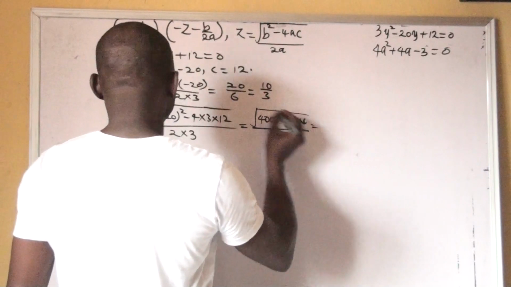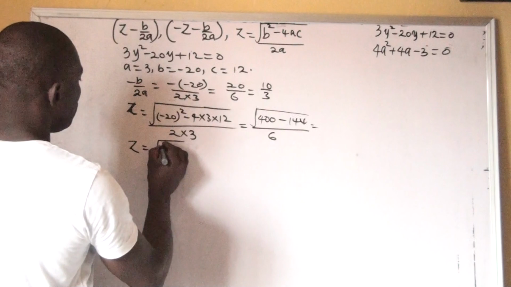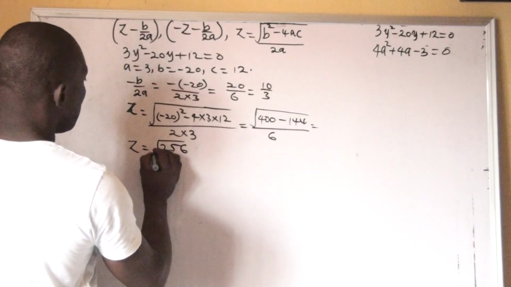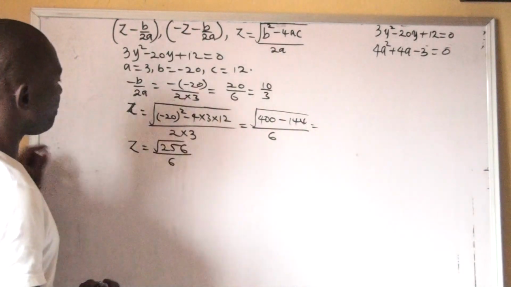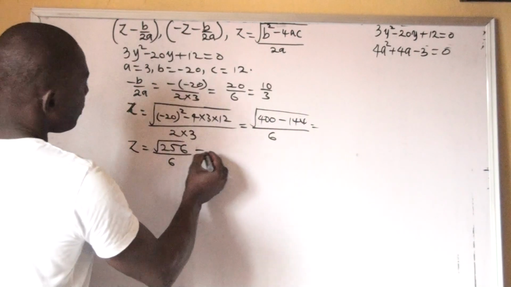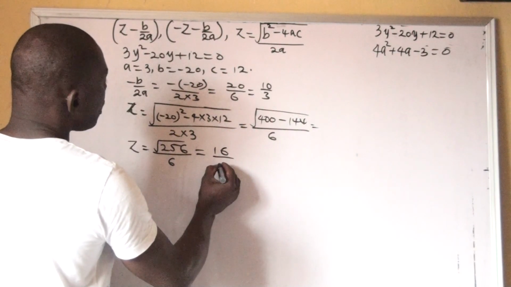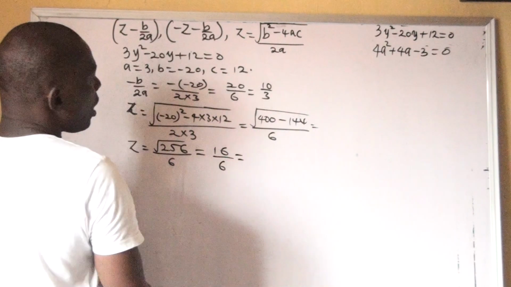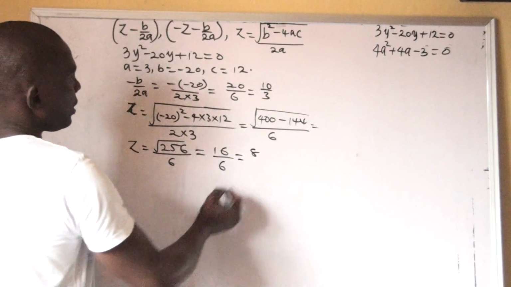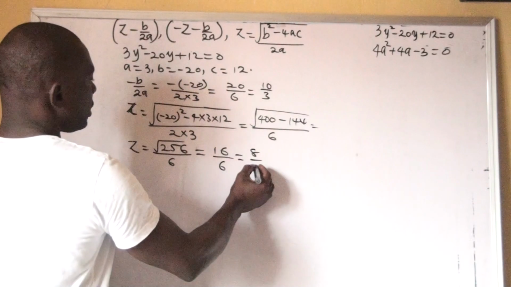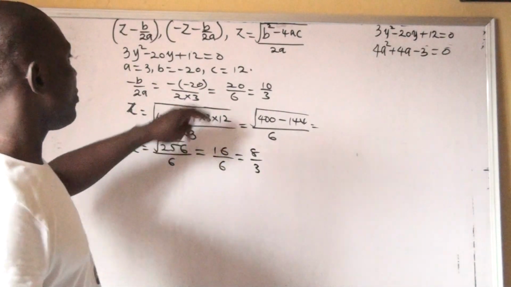So z is the square root of 256 over 6, and the square root of 256 is 16, so 16 over 6. The common factor is 2: 16 divided by 2 is 8, 6 divided by 2 is 3. So z is 8 over 3.